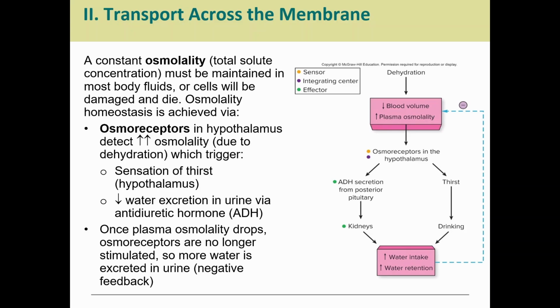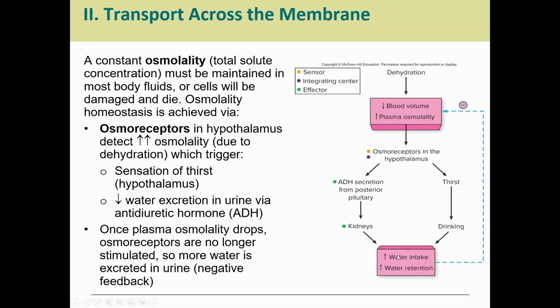Right, and so over on the right here we see the feedback loop. And again, it's a negative feedback loop, right? How do we know that? Let's say our blood volume goes down, plasma osmolality goes up, so that we've lost water and our solute concentration is higher, right? We drive the thirst mechanism, so we drink more water. We secrete ADH from the posterior pituitary to tell the kidneys to retain more water.